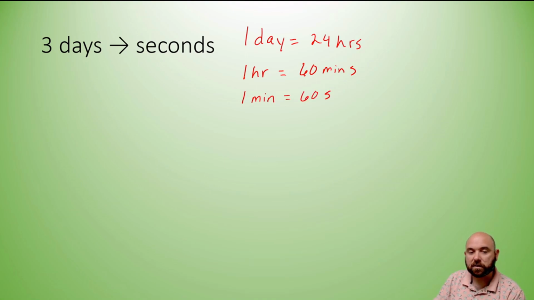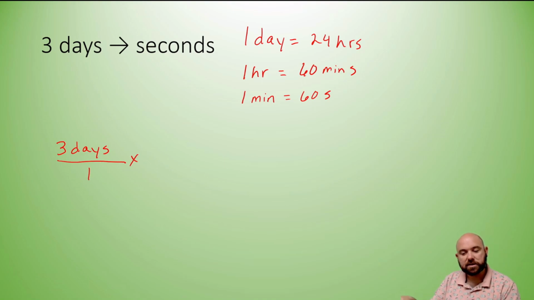So using these 3 different conversion factors, I think I can take my 3 days unit and move down to however many seconds there is. We like to start by writing what we're given. I like to put it over 1 so that I can keep all my multiplication straight. And I want to go to seconds, but I can't do that in one step.